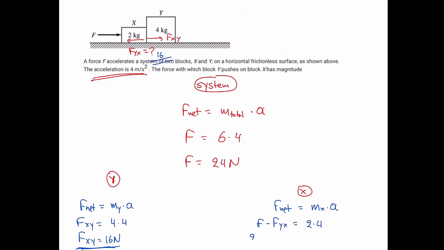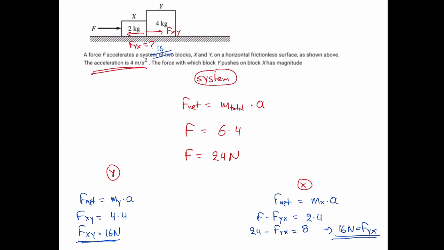The force, we said that it is 24, minus the unknown force is equal to 8. And if we bring the 8 to the left and the force yx to the right, we will have that the force yx will be equal to 24 minus 8. It is 16 Newton. And we see that we find the same answer no matter for which object we work.